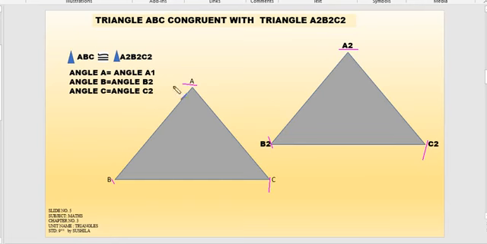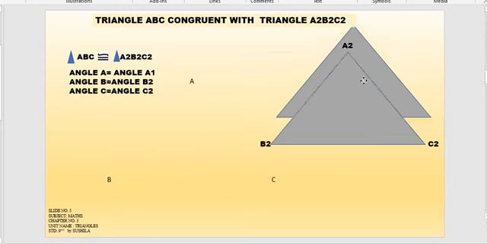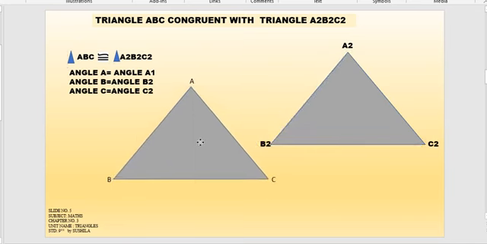Angle A will be equal to angle A2 of the other triangle, angle B is equal to angle B2, and angle C will be equal to angle C2 of the other triangle. With respect to these two triangles, we can say they are congruent, and here also you can see they fix properly. You also have to do this neatly and with careful measurement.